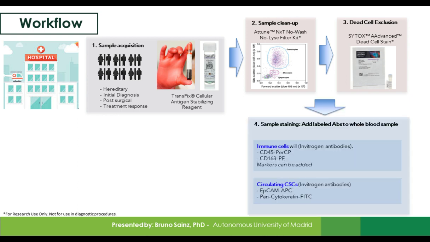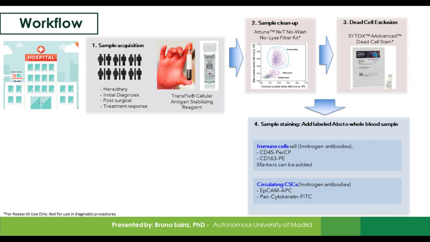Of course, you have to choose your antibodies of choice, for example, antibodies that can be used to directly mark your immune cells of interest. If TAMs, or tumor-associated macrophages, are of interest, we tend to use the Invitrogen antibodies against CD45 and CD163.